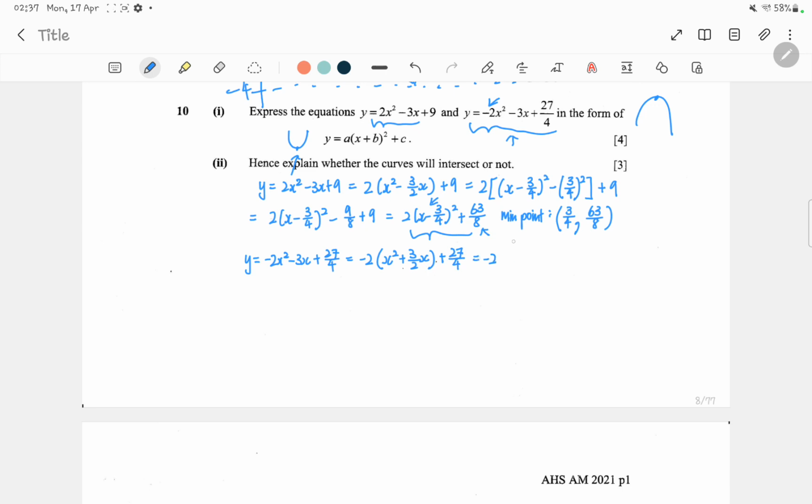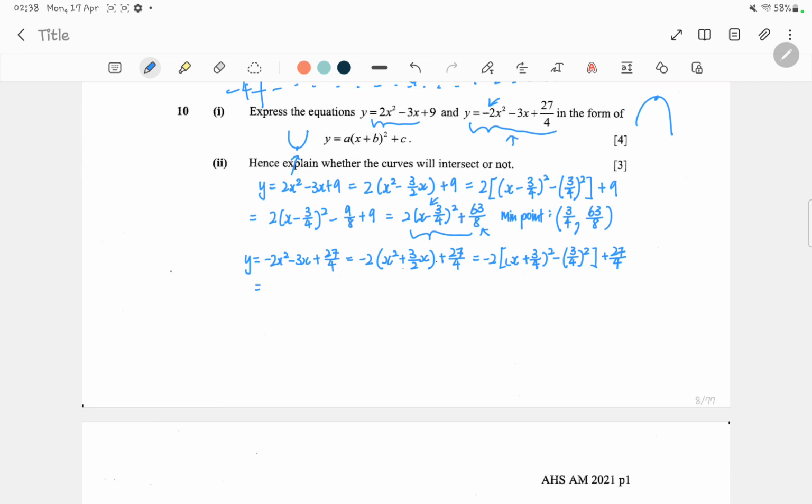So this will be minus 2 bracket x plus 3 over 4 whole thing squared, and then I compensate by subtracting 3 over 4 whole thing squared, with 27 over 4 untouched.